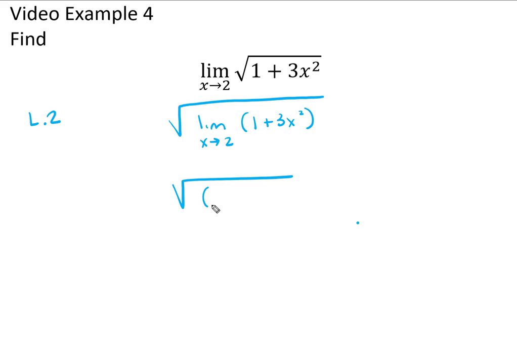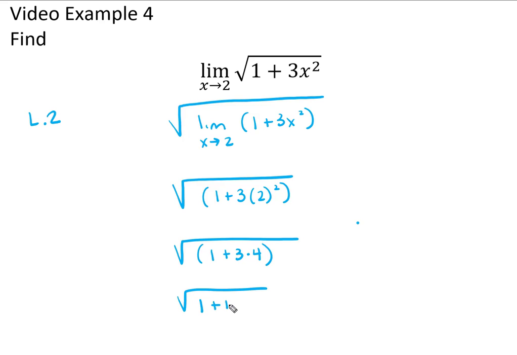And so I'm going to get 1 plus 3 times 2 squared. And then we get 1 plus 3 times 4, which is 1 plus 12. So you get radical 13 as your answer. So the limit of this is the square root of 13.